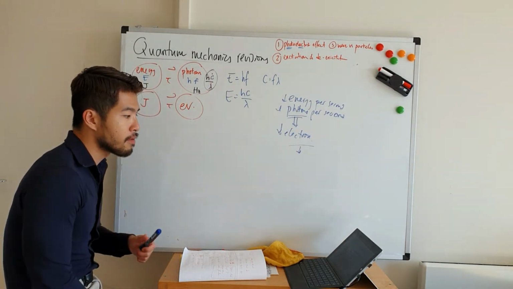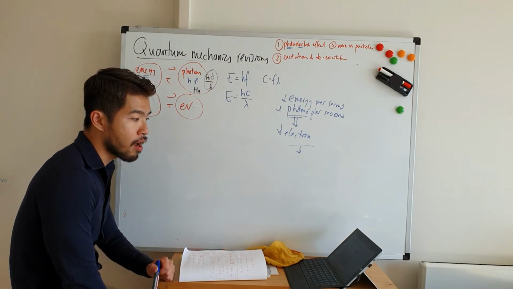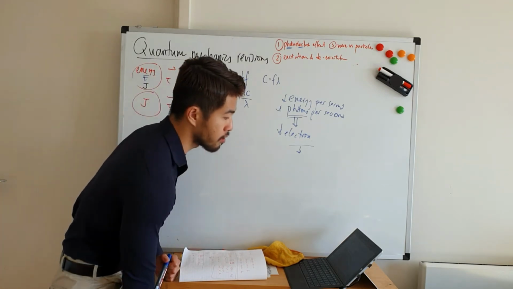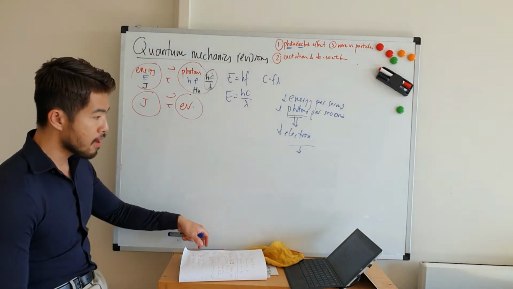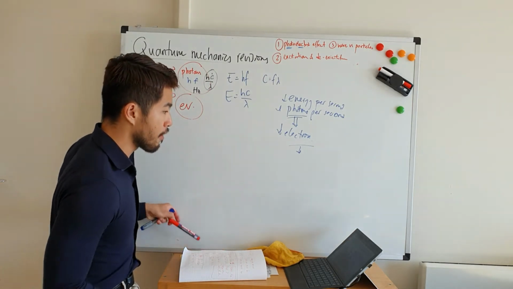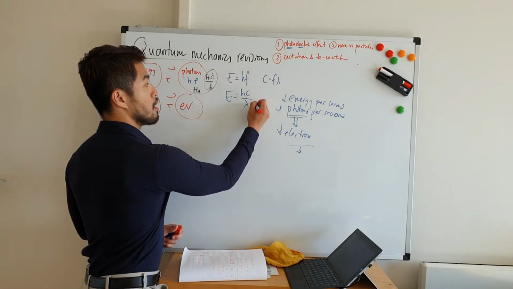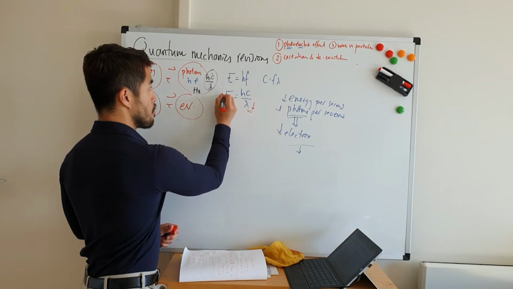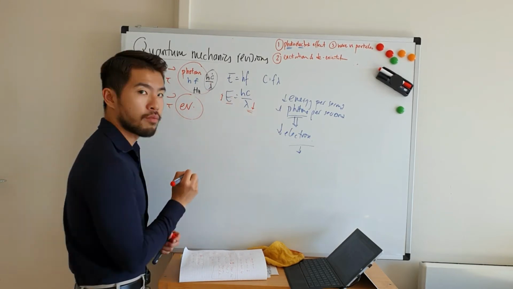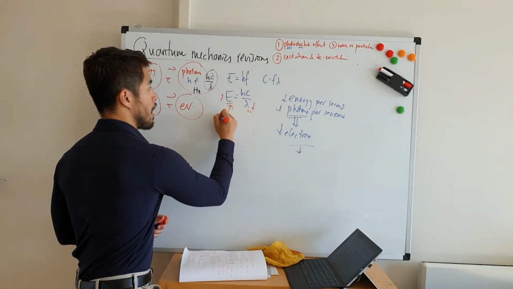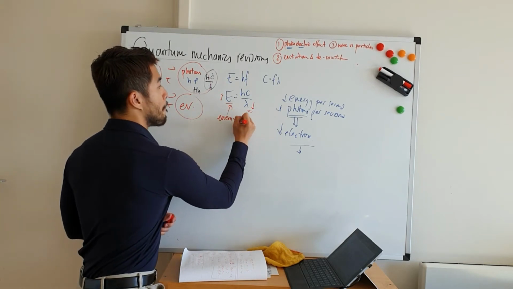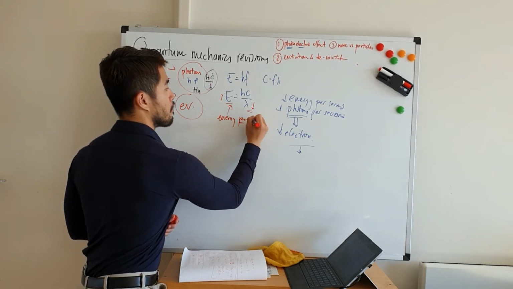All right, the second one is the maximum kinetic energy of the emitted photoelectrons. When you halve the wavelength, you decrease the wavelength, you increase the E. What is E? E is energy per photon.